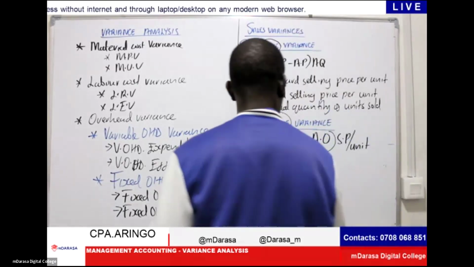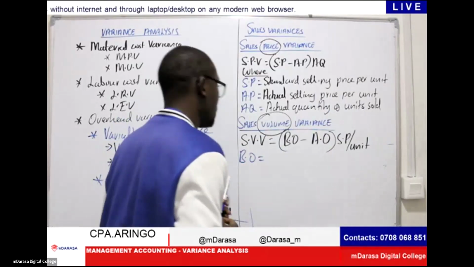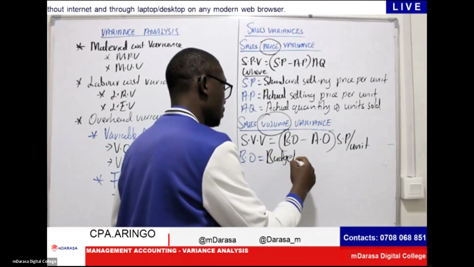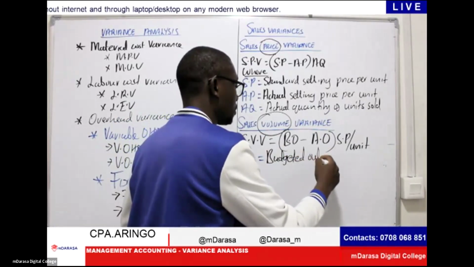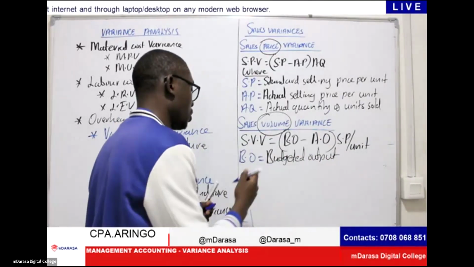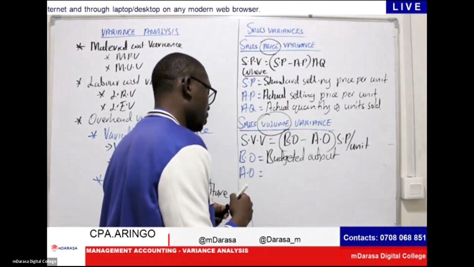The O here is the budgeted output. The O here is the actual output.